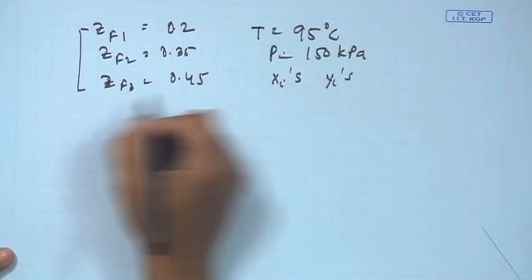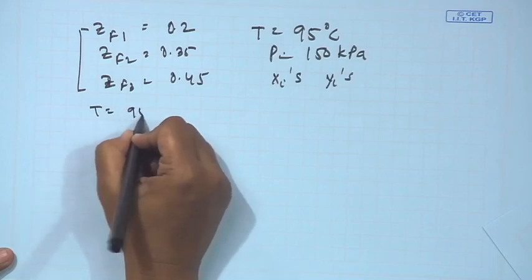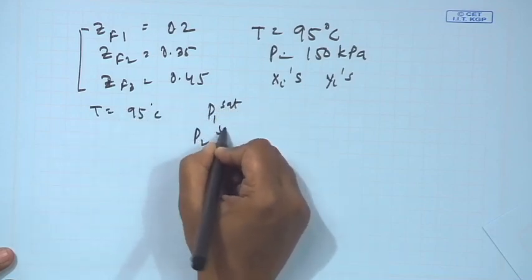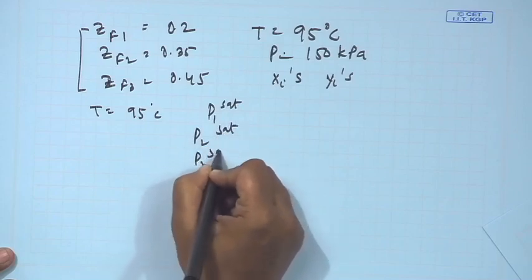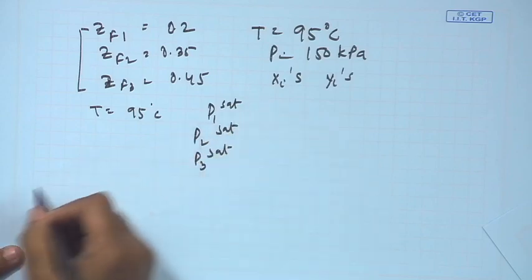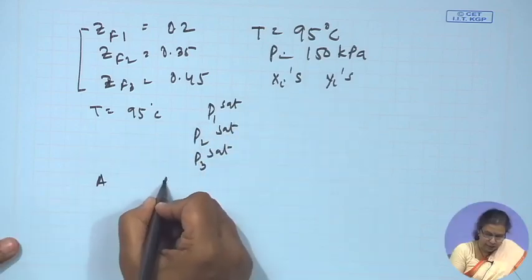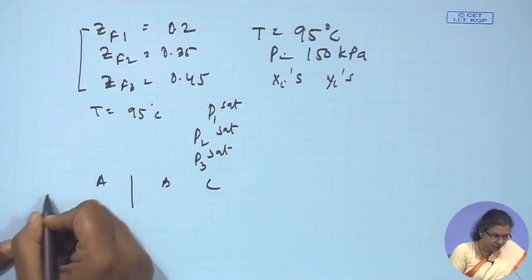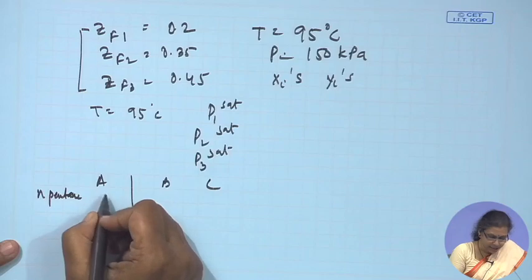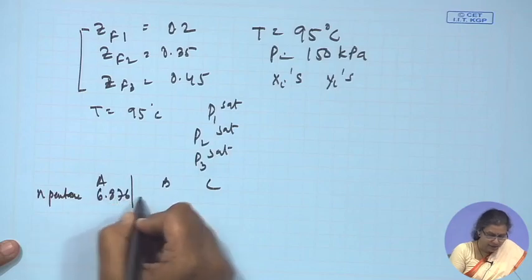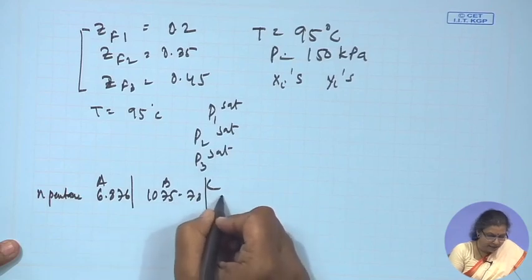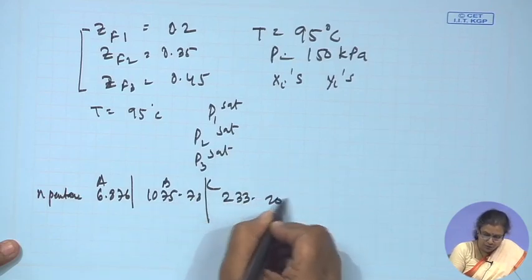We are required to find out Xi's and Yi's. Again the way I have said, T equals 95 degrees centigrade, I calculate P1 saturated, P2 saturated, P3 saturated from the Antoine's constants. You can note down the A, B, C. For pentane, my component 1, A is 6.876, B is 1075.78 and C is 233.205.